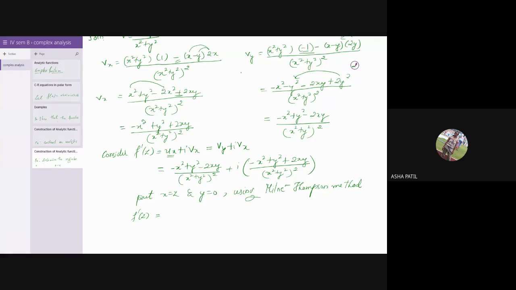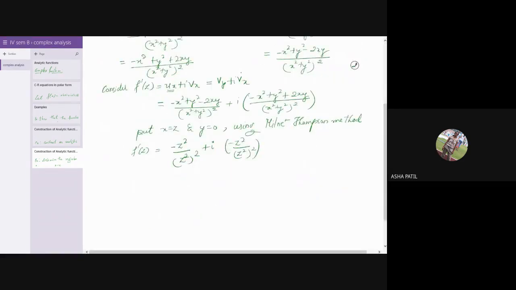What happens if you put x equal to z and y equal to 0 now? Minus z square divided by z square whole square, plus i into, again you have minus z square, y is 0, so the next two terms become 0, divided by z square whole square.